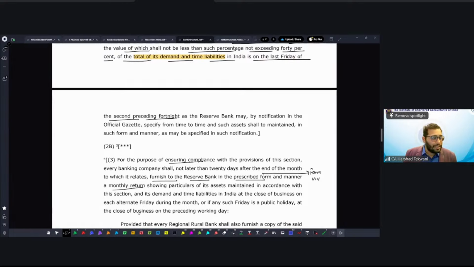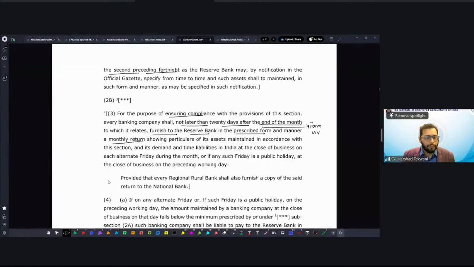On which date? Not later than 20 days after the end of the month. Before the 20th of every month, the bank is required to provide a return to the RBI on whether this ratio has been maintained or not.